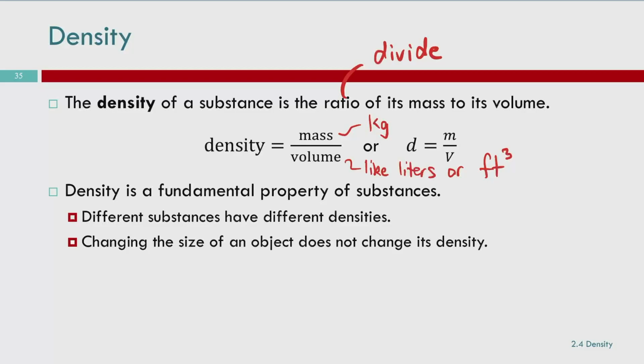There's a bunch of possible options for volume. And we get this equation that would be a good one for you to have memorized, D equals m over v, where D is density, m is mass, v is volume.